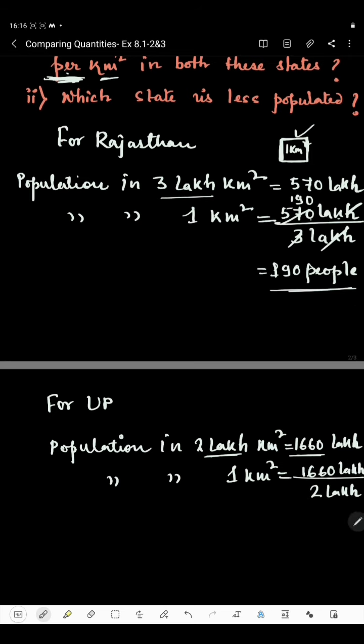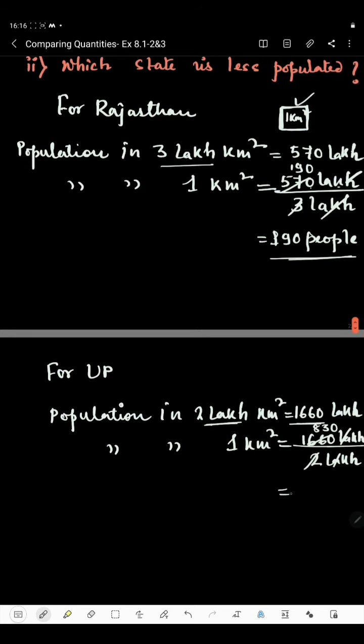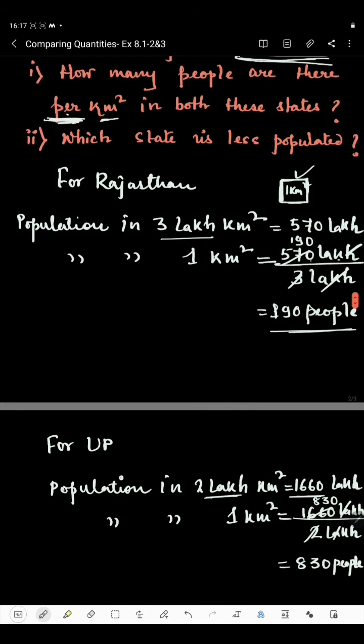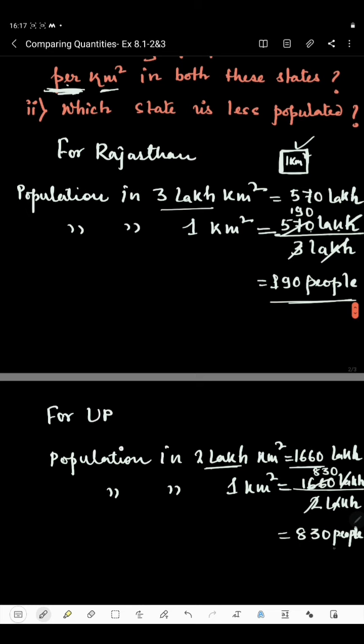Now lakh will be cancelled. 2 8s are 16, 2 3s are 6 and 0 remains the same, so it's 830 people. So the number of people per kilometer square in UP is 830.